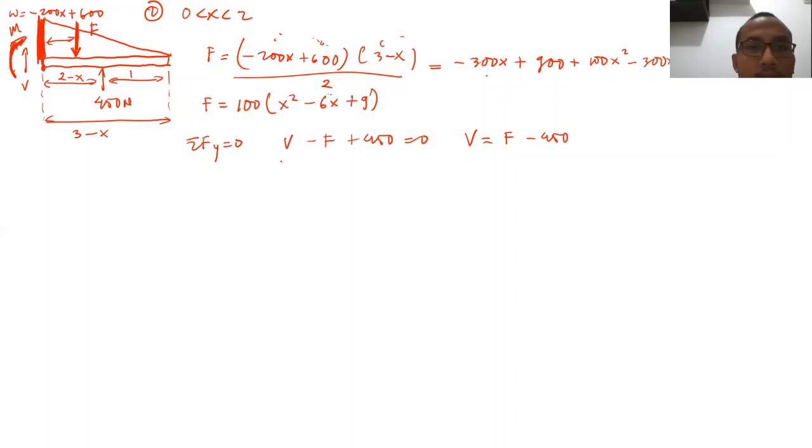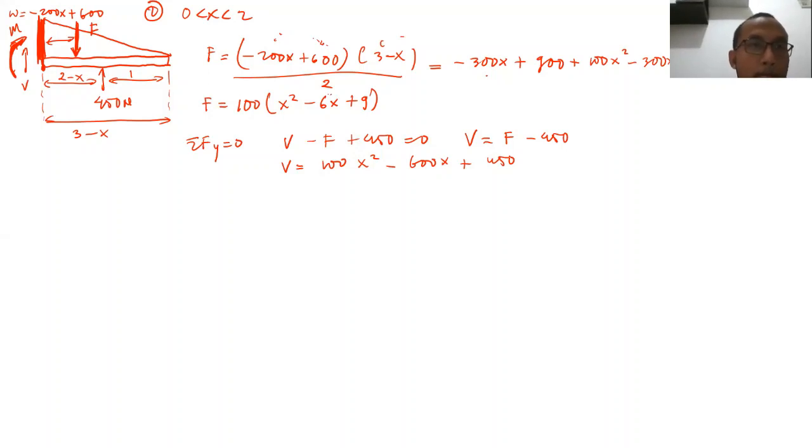So in this case, the equation of V will be 100x squared minus 600x plus 450. This is our V equation.